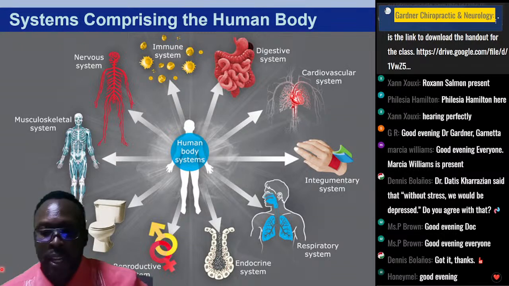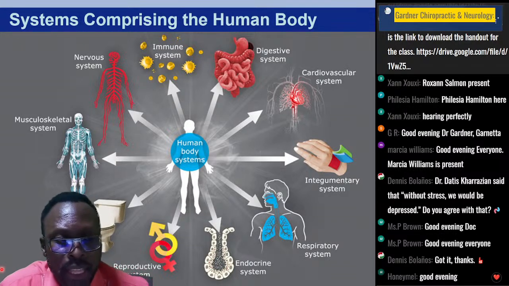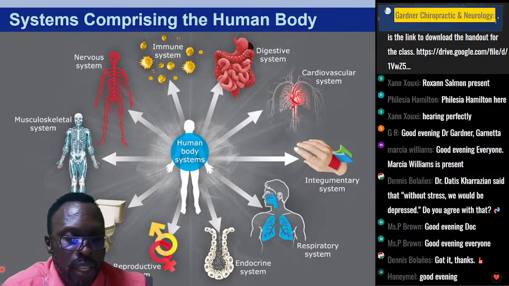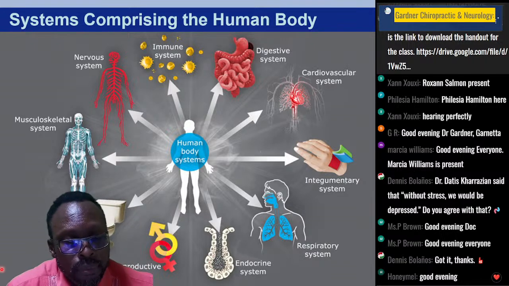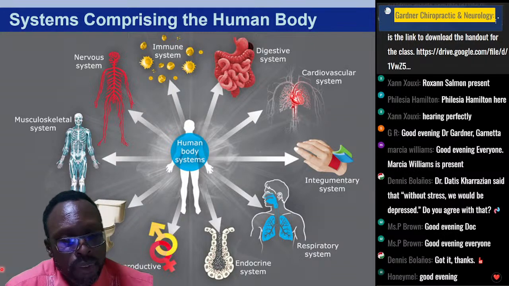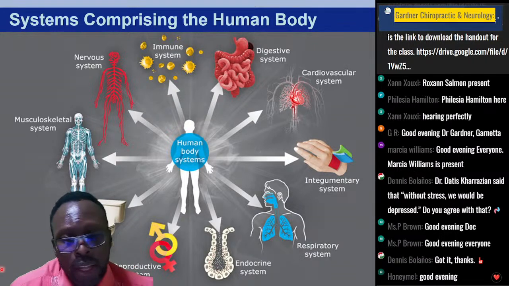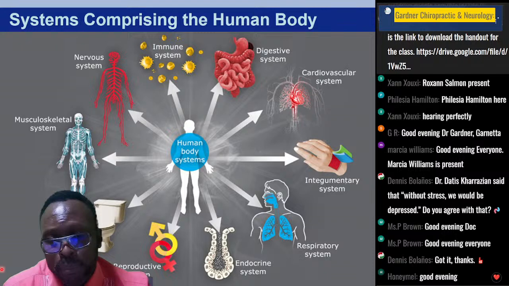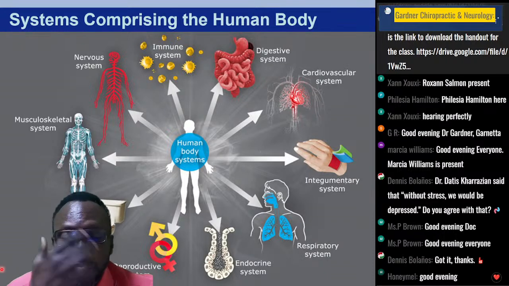There are different systems of our bodies. And these systems are the systems that govern the function of all aspects of us.